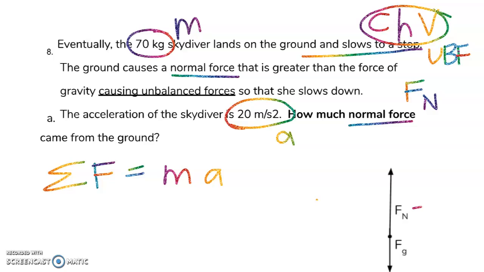So on the left side of this equation, I'm going to have a mathematical expression that uses the symbols that we've been practicing using for normal force and force of gravity. And since gravity is going down, opposite the normal force, I would write the expression like this.